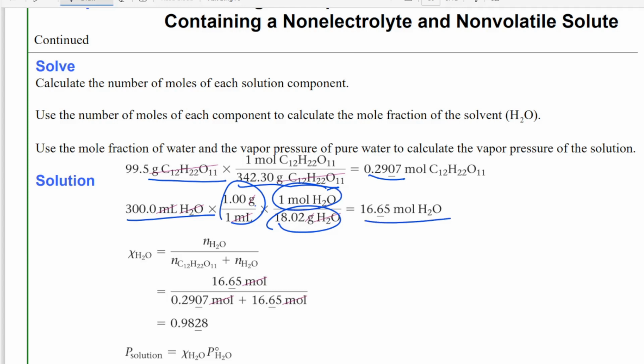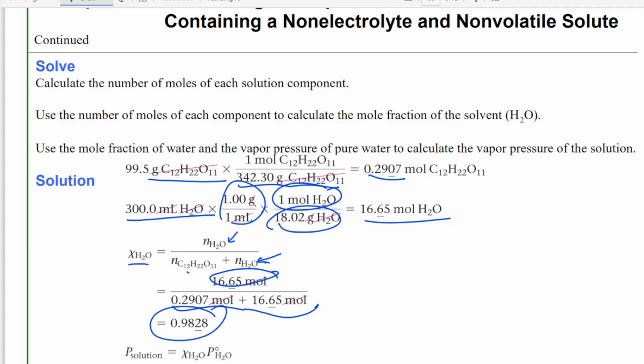That gives us 16.65 moles of water. The mole fraction of water is the moles of water divided by the total moles. So we put the moles of water here, and we add the moles of the sucrose plus the water for the denominator. That's the total moles. And that gives us 16.65 divided by 0.2907 plus 16.65.